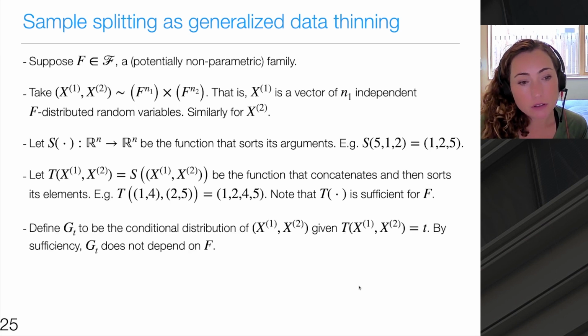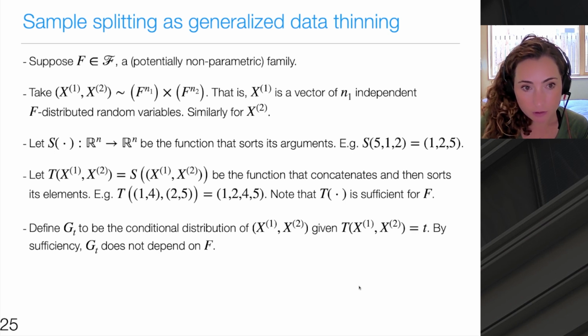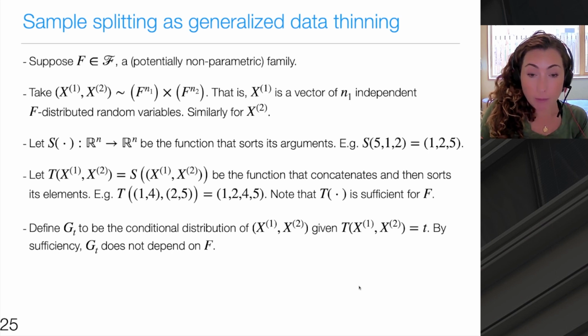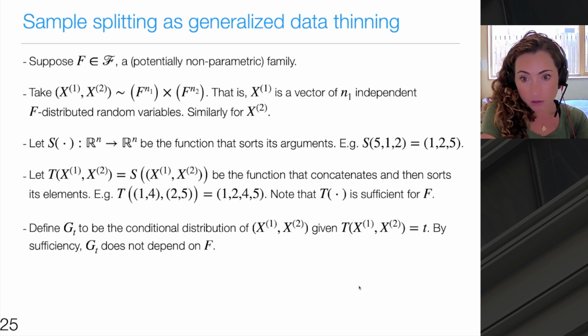Now I'm going to define g sub t to be the conditional distribution of x1 and x2 given t of x1, x2. So what does this conditional distribution look like? We need to imagine drawing n1 independent elements and then n2 independent elements from a bucket of n1 plus n2 elements. t of x1, x2 is just a bucket of n1 plus n2 elements because we've concatenated and sorted all of the data.